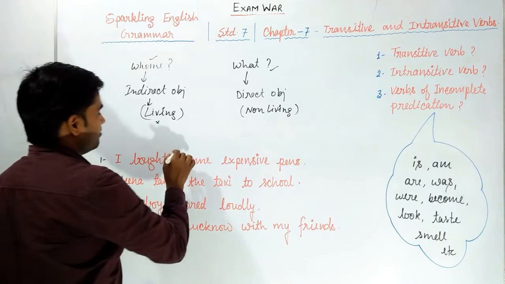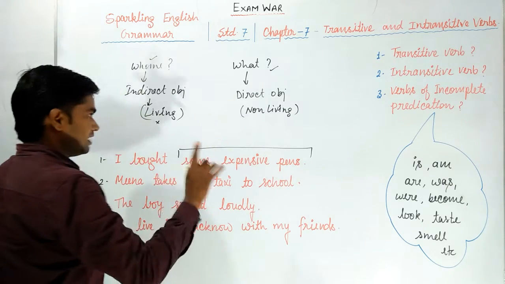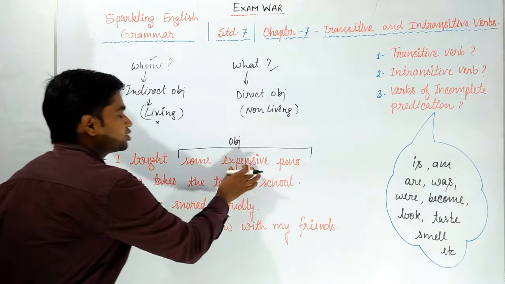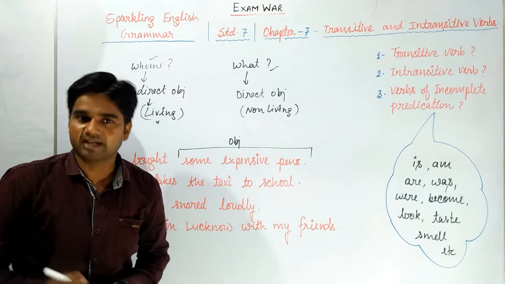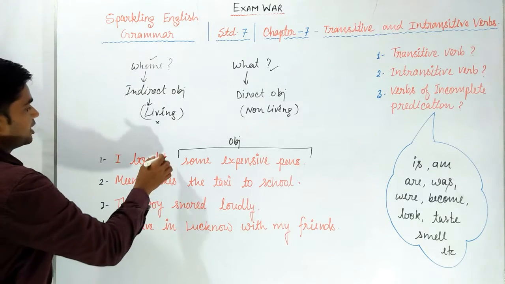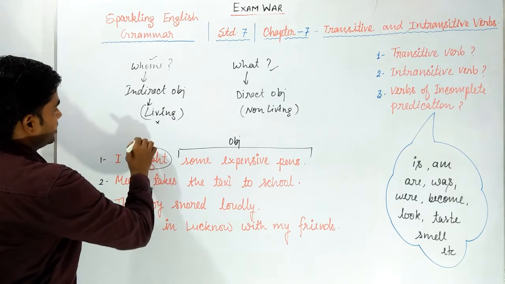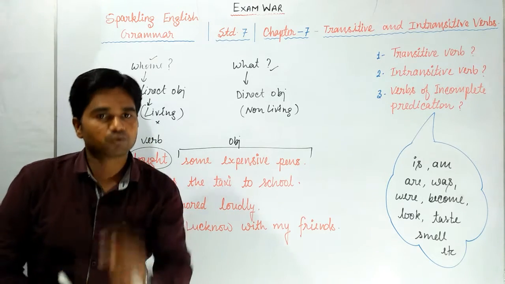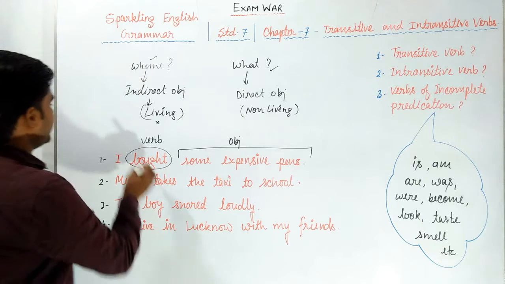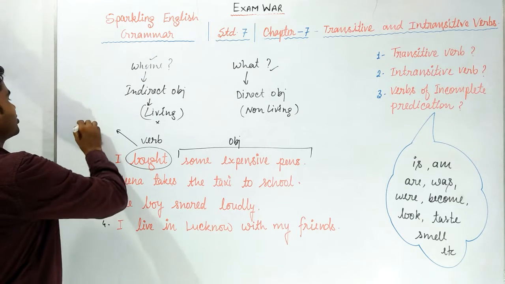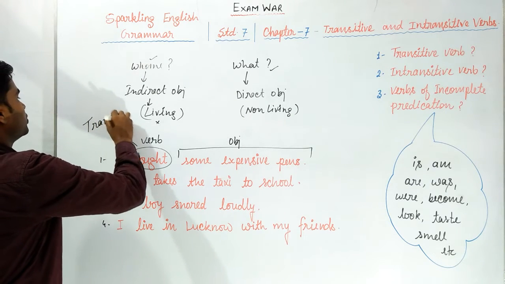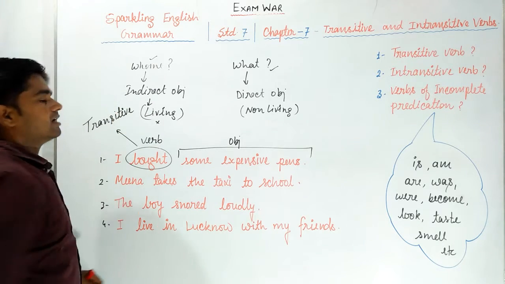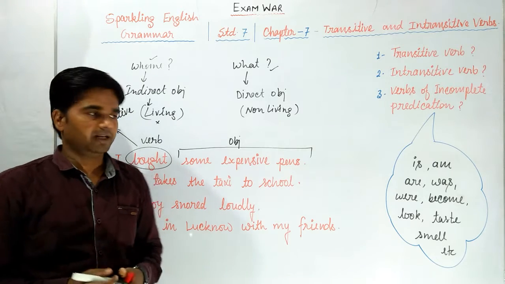The answer is some expensive pens. This is the object. And the verb is bought. So in sentence number 1, an object is given, and that's why this verb is transitive. I think you got this point very well.